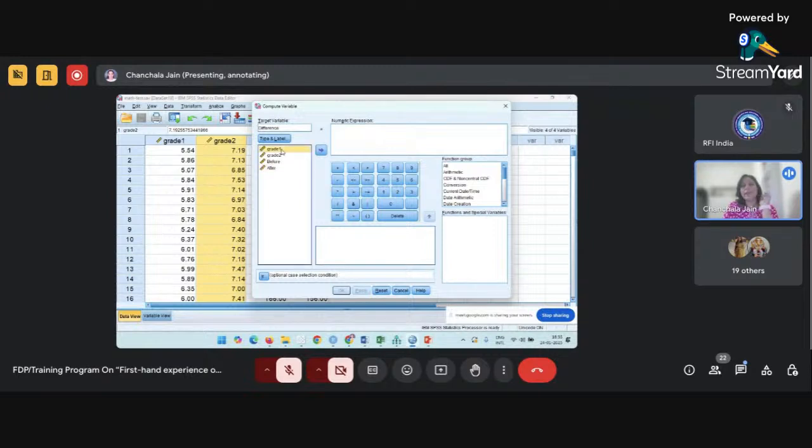Now we want to get the difference of grade 1 and grade 2. So I am shifting grade 1 using this arrow button into the Numeric Expression box, putting the minus sign from this calculator button, and then shifting grade 2 into the Numeric Expression box. This is what you need to do till here. Done? May I click on the OK button?